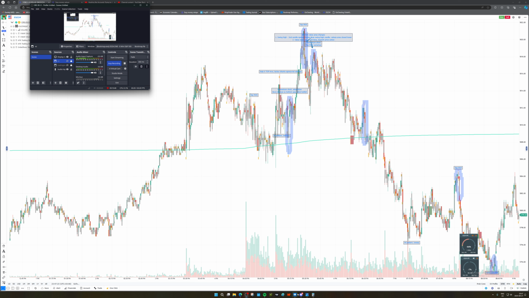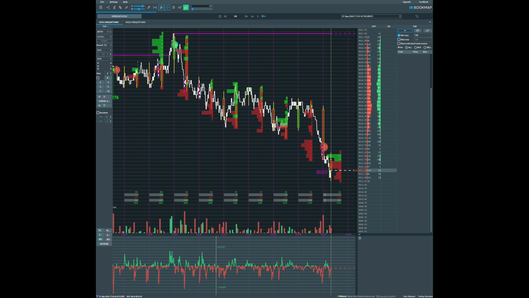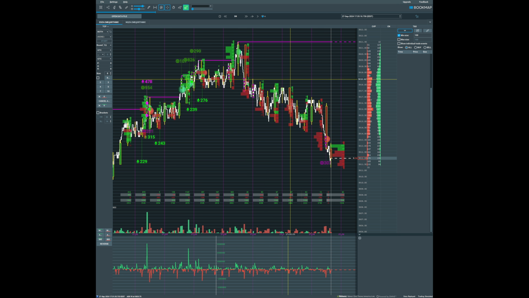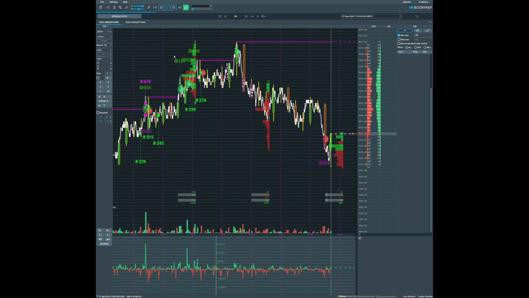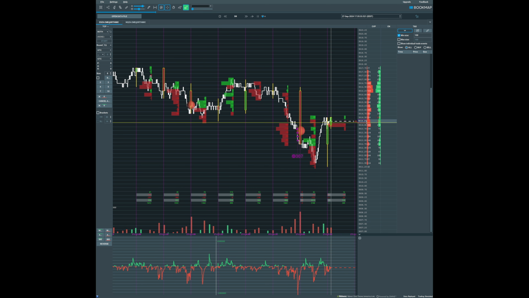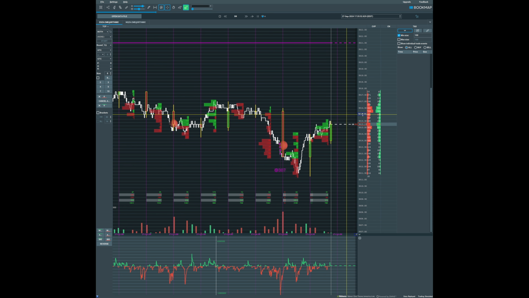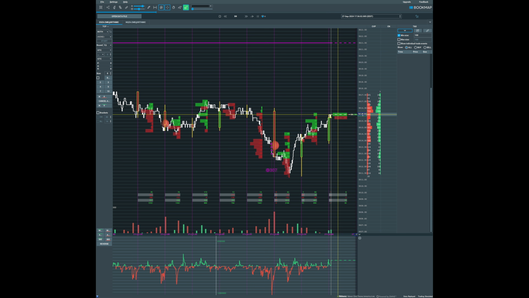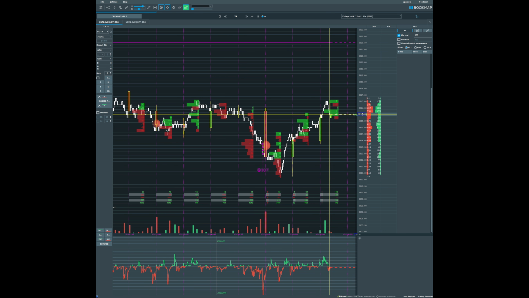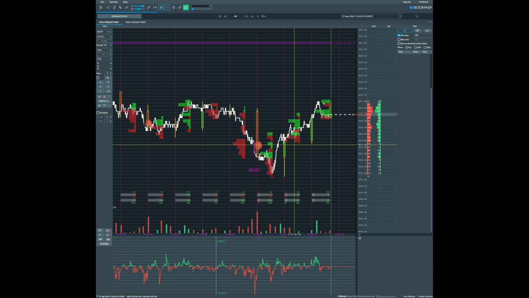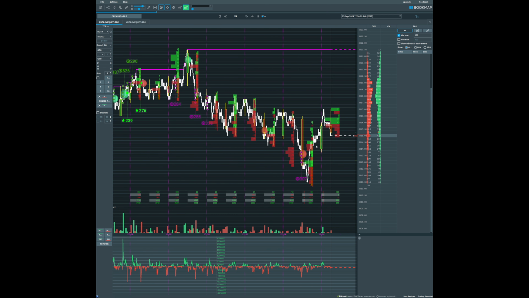So let's quickly go to the Bookmap and see what I saw on the order flow. As I mentioned before, price went down from the session's new high, and okay, let's go. As you can see, price is coming back to the new high.